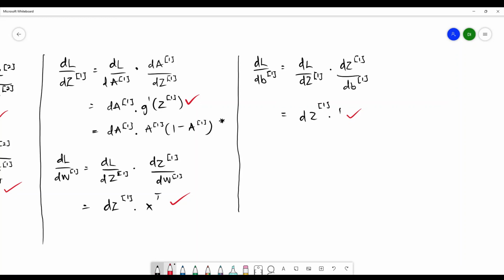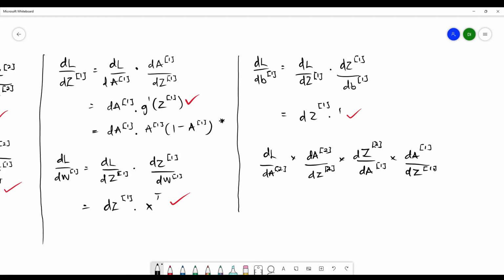What we have been doing is dL/dA2 times dA2/dZ2, times dZ2/dA1, times dA1/dZ1.